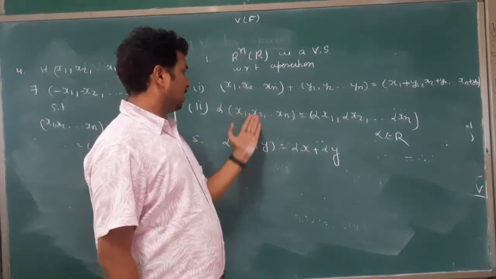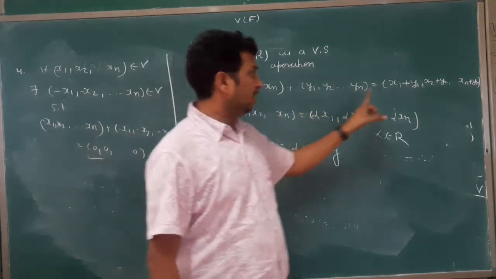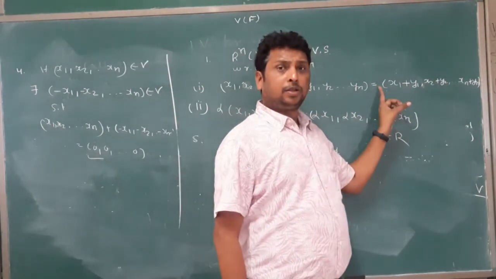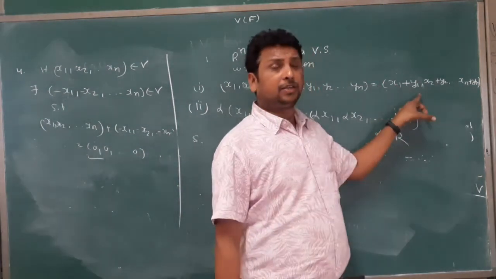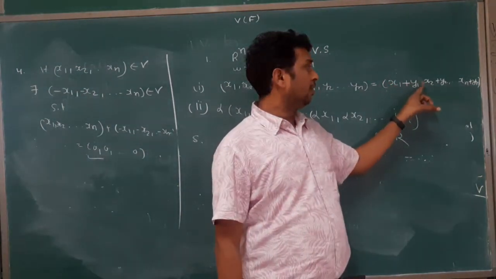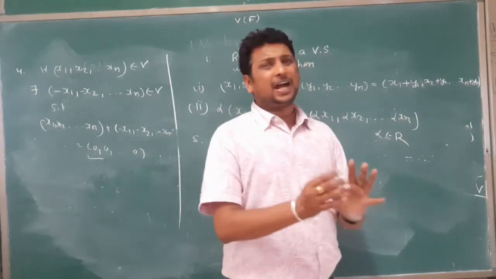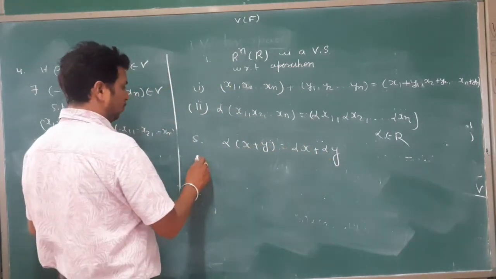Take (x1, x2, ..., xn) plus (y1, y2, ..., yn). When you add these two, what will come? This one. Now take alpha outside. How is scalar multiplication defined? Alpha comes inside. So alpha x1 plus alpha y1, alpha x2 plus alpha y2, alpha xn plus alpha yn. Again separate, you will get the same value. So easily you can do it.